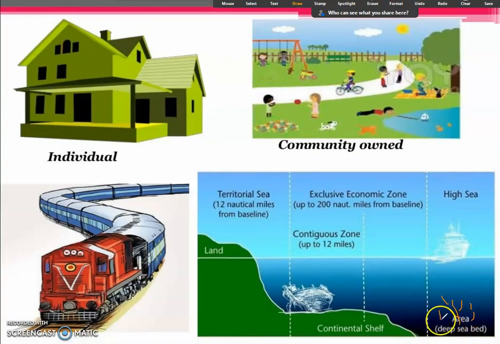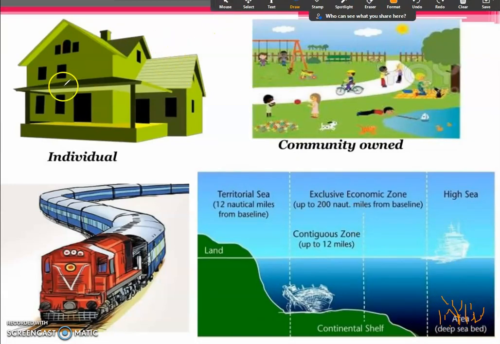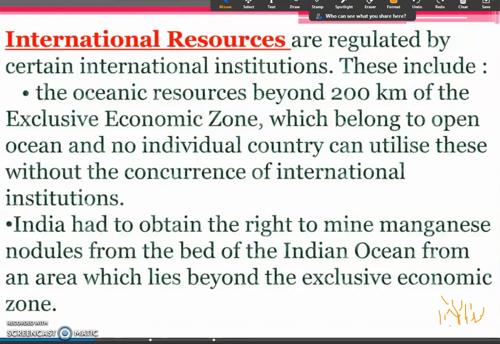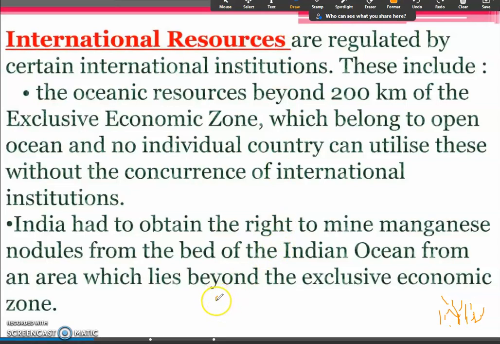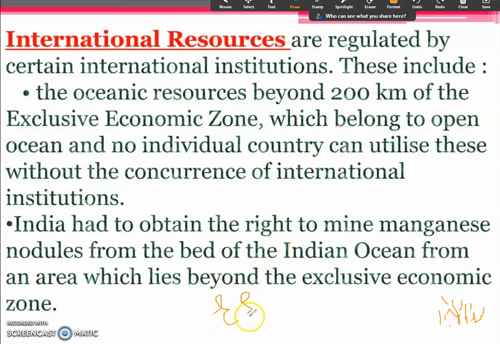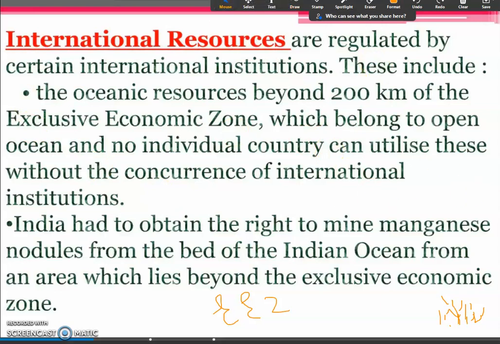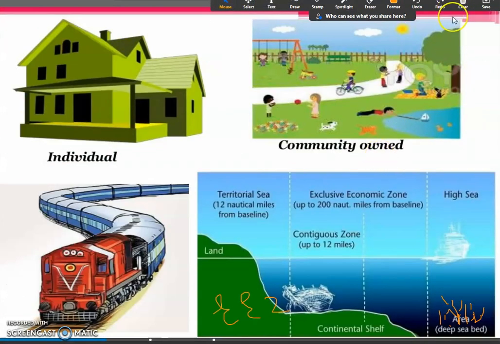So India got a right to mine them. The exclusive economic zone can also be written as EEZ.